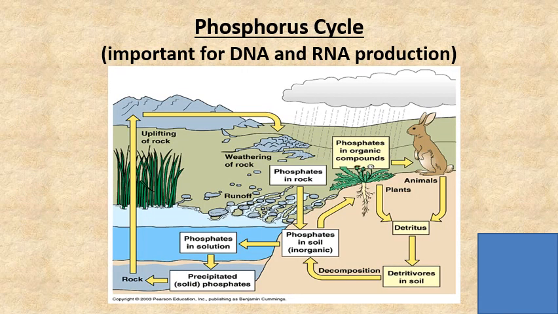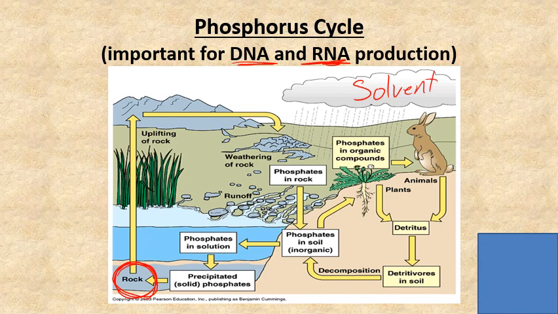Phosphorus is another element that we need, and phosphorus is used heavily in the structures of DNA and RNA that we will see next semester. So phosphorus is found in a lot of these rocks. It's a mineral that gets incorporated when rocks are created, and this is where water's role as the universal solvent has played a big key.